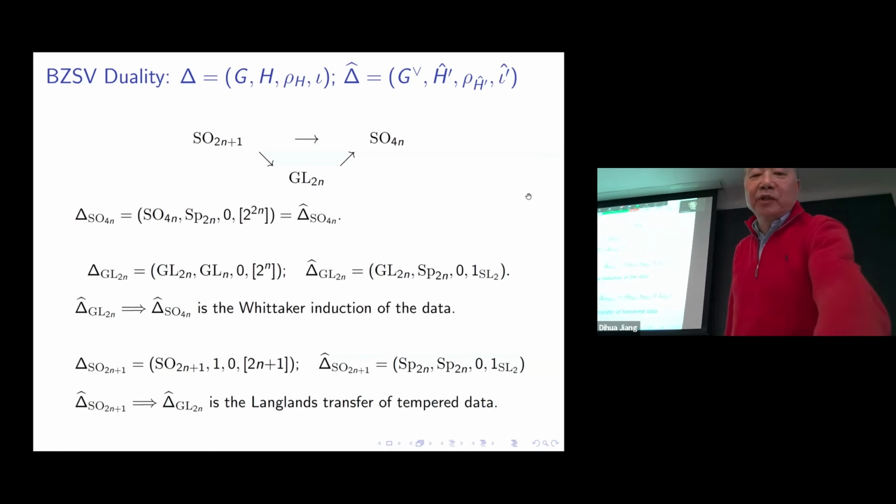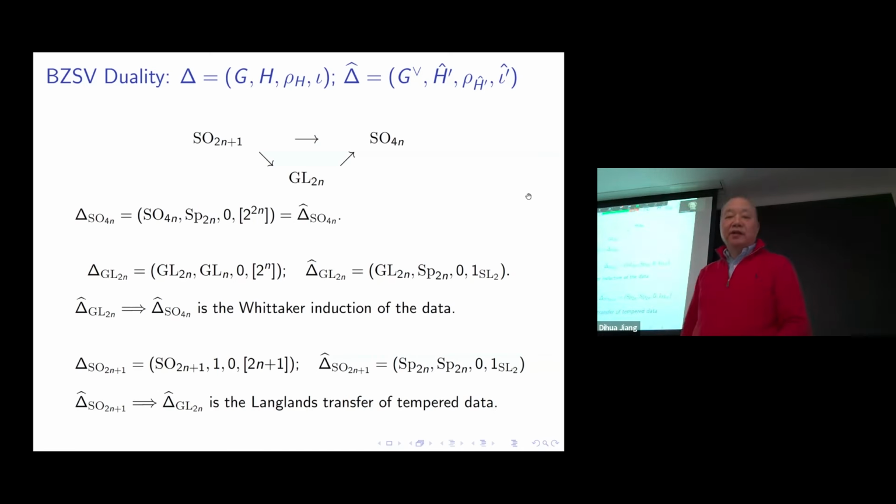So because of the Whittaker model, this is regular orbit here. Okay, and then the dual side will be, because it captures the tempered spectrum, so it's given like this. And then this is the Langlands transfer of the tempered data by the dual side, like that. Okay.